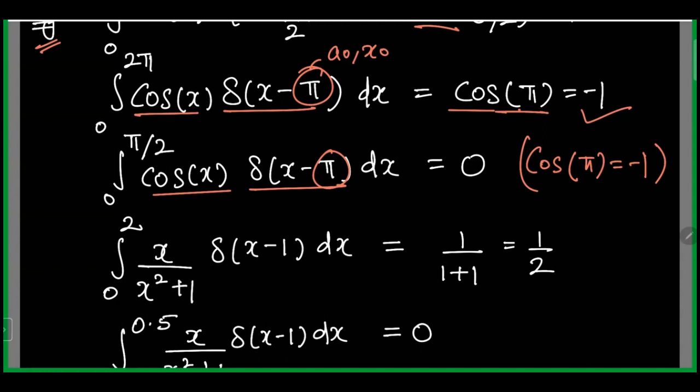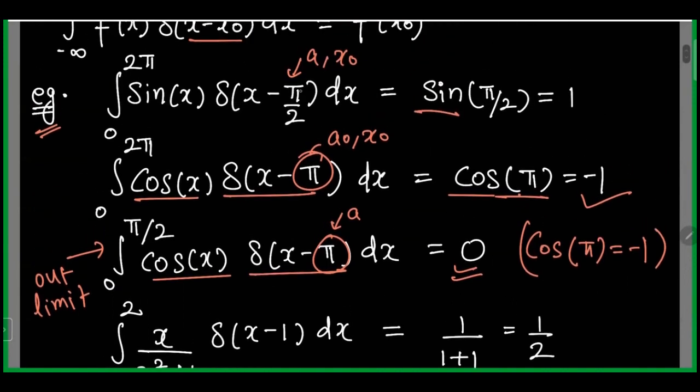Here, carefully see that your pi, which is a, is outside the limits. Your limits are 0 to pi by 2, but pi is outside the limit. Whenever your a is outside the limit, your answer is 0. But in the first two examples, you can clearly see that in the first example a was pi by 2 and it was inside the limits of 0 to 2 pi.